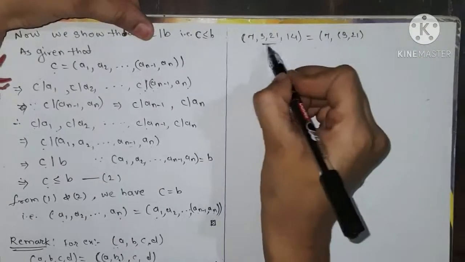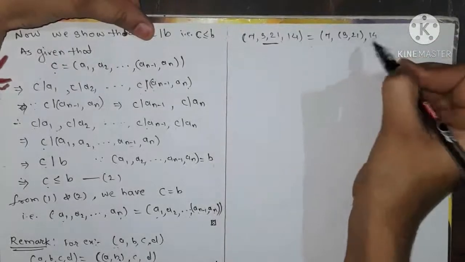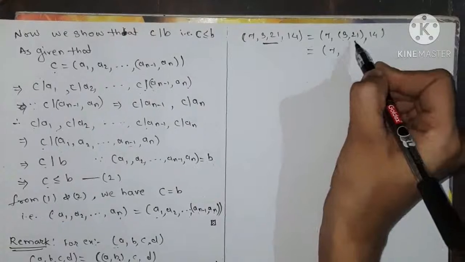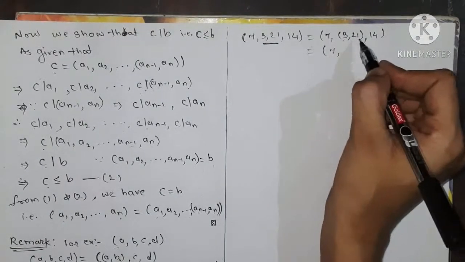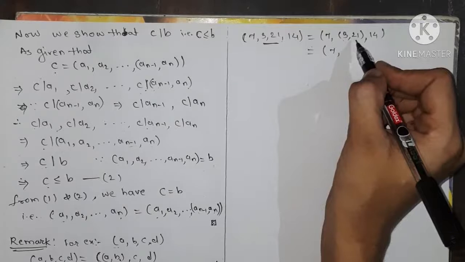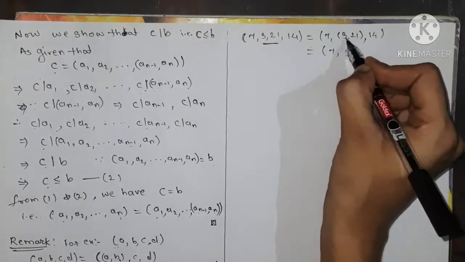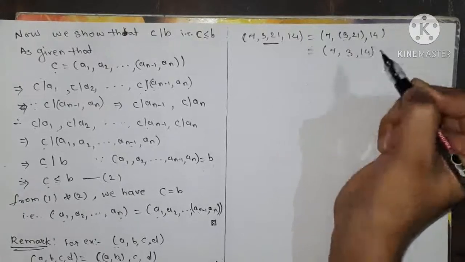That is, we find the GCD of these numbers and then take it with 7, 14. The GCD of 3, 21 is the largest integer which divides both 3 and 21. So the GCD of that is 3, because 21 is a multiple of 3.